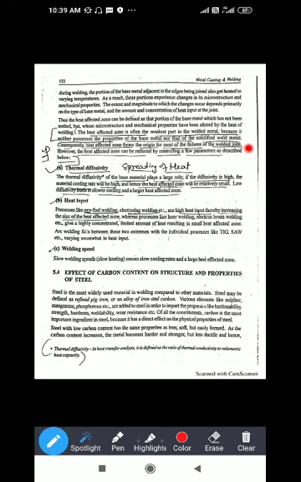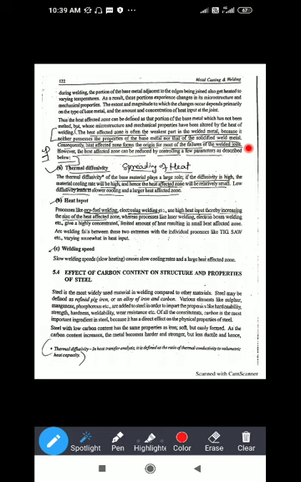Whereas in processes like laser welding or electron beam welding, only a limited amount of heat is delivered to the workpiece, so the minimum area is affected by the heat. In this way, this is also one of the parameters by which you can control your heat affected area.